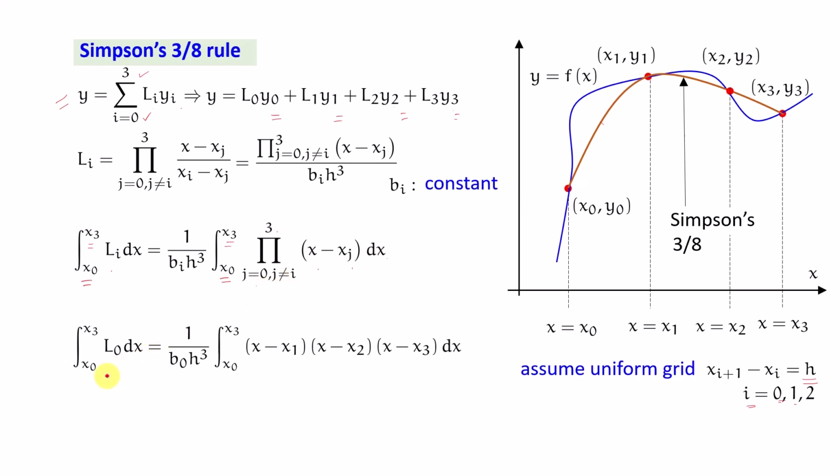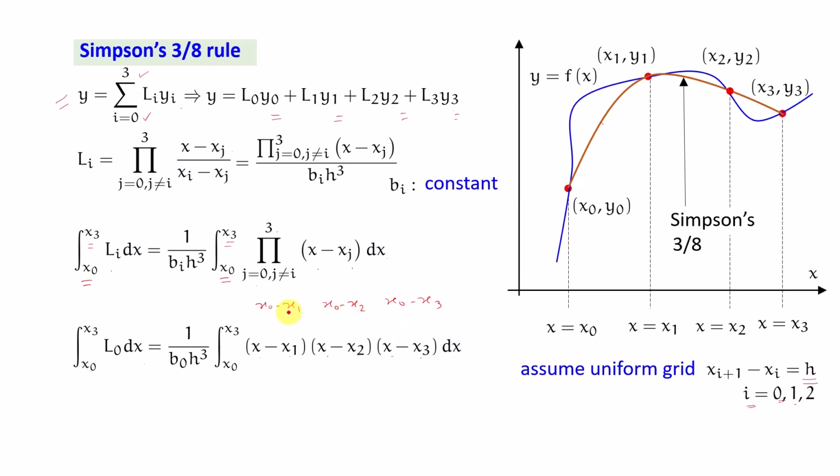So for example, L0(x) dx. In L0, i equals 0, so j cannot be i, so I have x minus x1, x minus x2, x minus x3 at the top. At the bottom, I have x0 minus x1, x0 minus x2, and x0 minus x3.